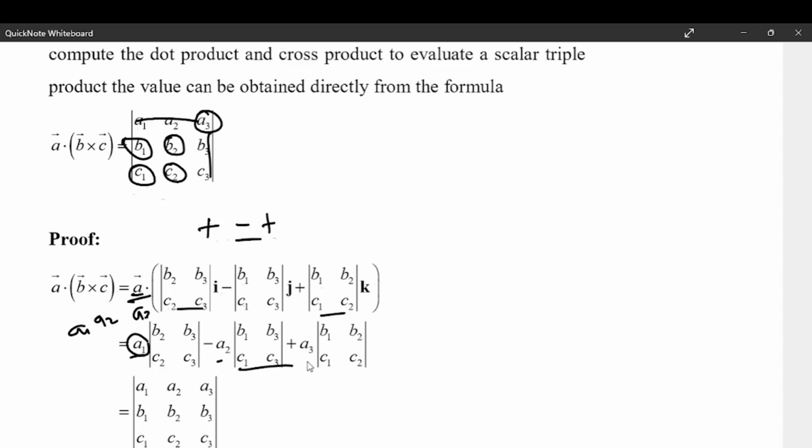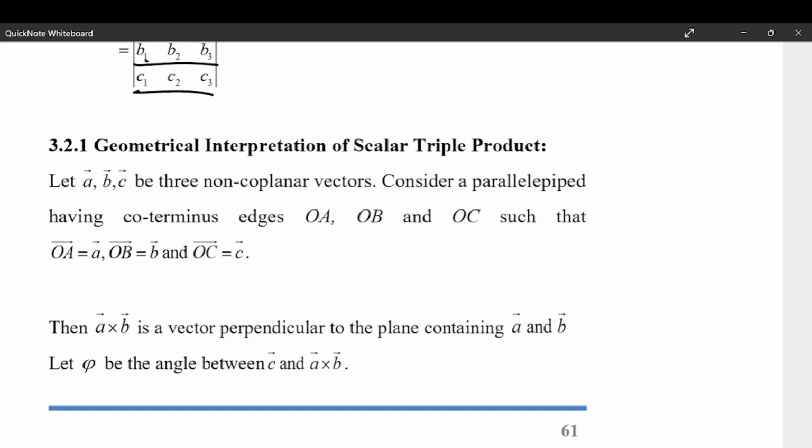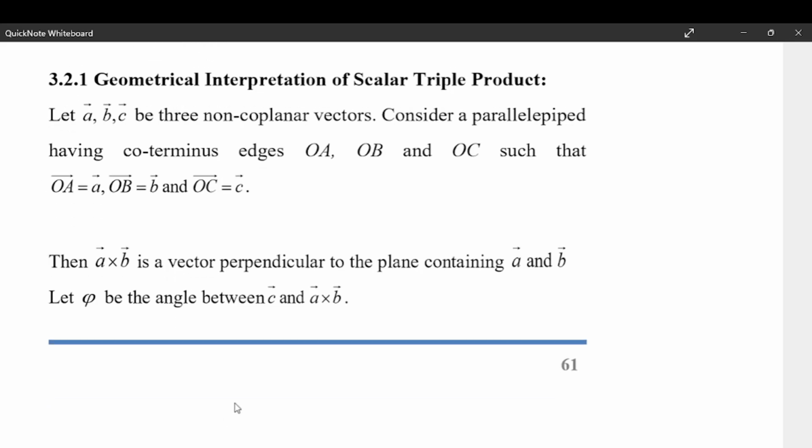So if you look carefully, you could see that this is the same as A1, A2, A3 taking the first place in the determinant, and then B1, B2, B3 taking the second place, and then C1, C2, C3 taking the last place for this case. Okay. Now we want to talk about the geometrical interpretation of scalar triple products.